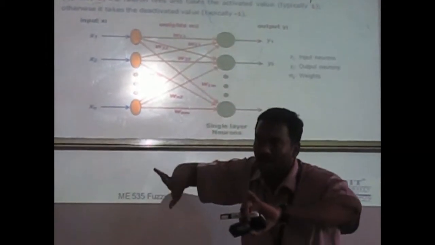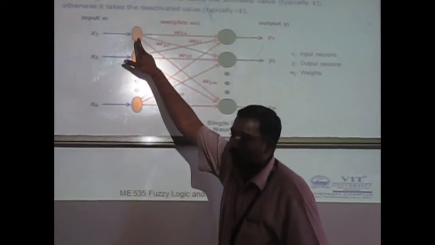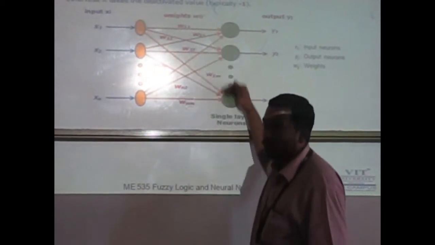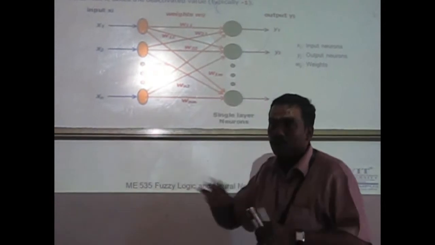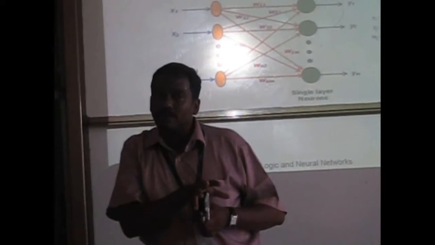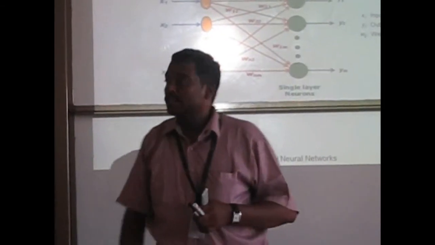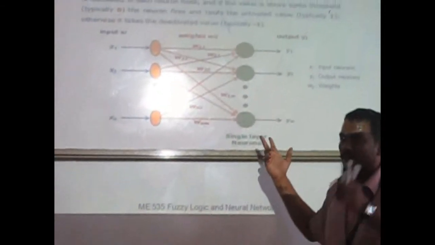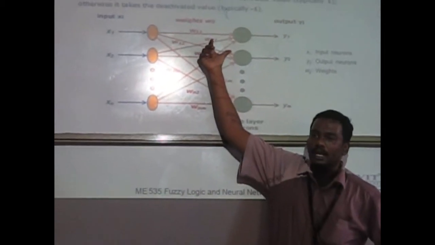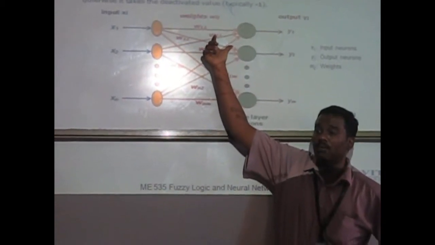It's not possible that, for example, this input is related with only this output. This input is related with these outputs, and that input with those outputs. We have to correlate all the inputs with the several outputs. If I consider only this input for two or three outputs, it's not possible; you won't get the defined output.